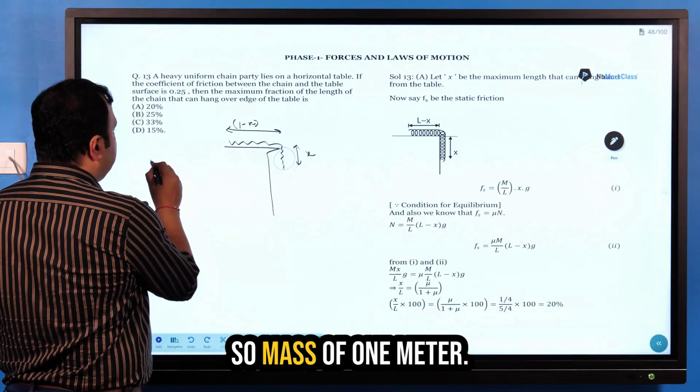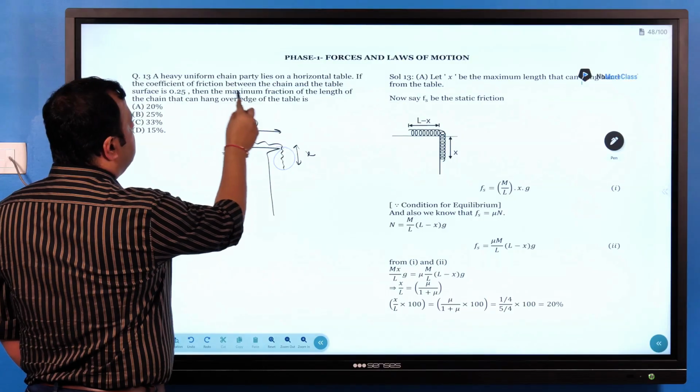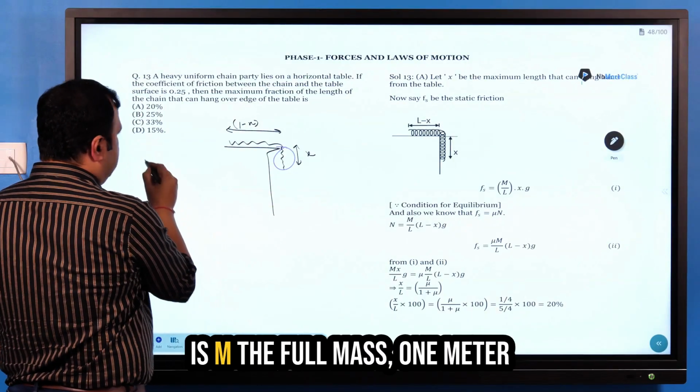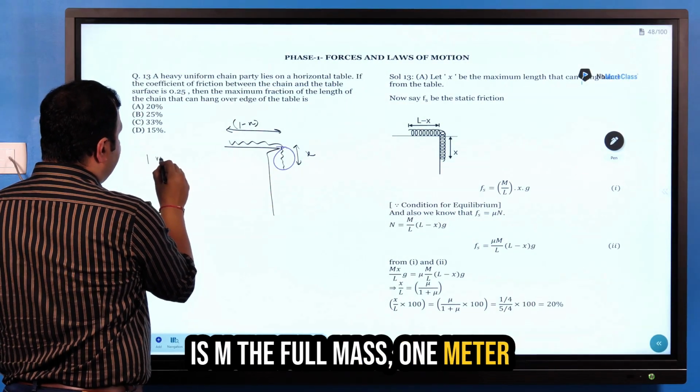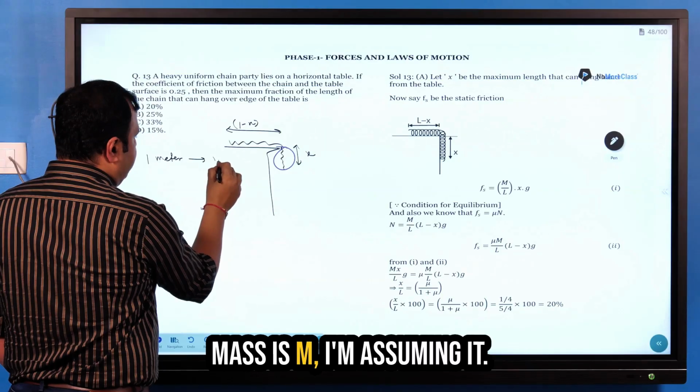So the mass of 1 meter, let's say, is m. The full mass, the mass of 1 meter, is m, I'm assuming.